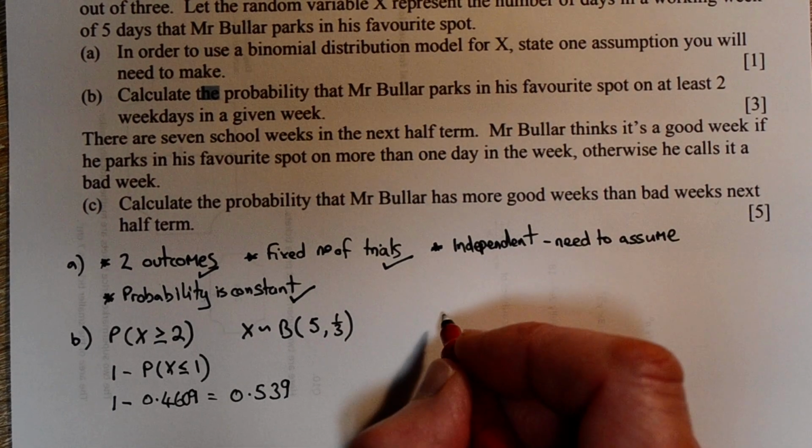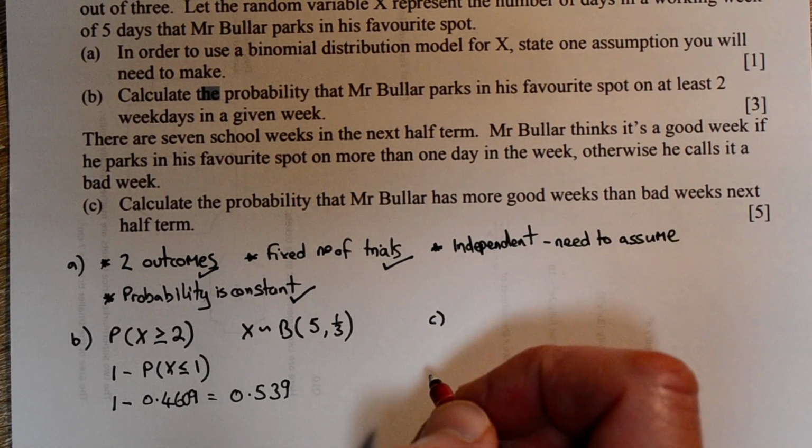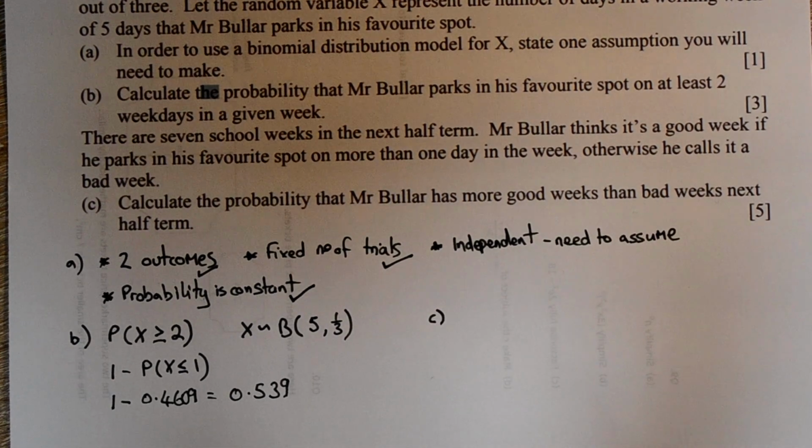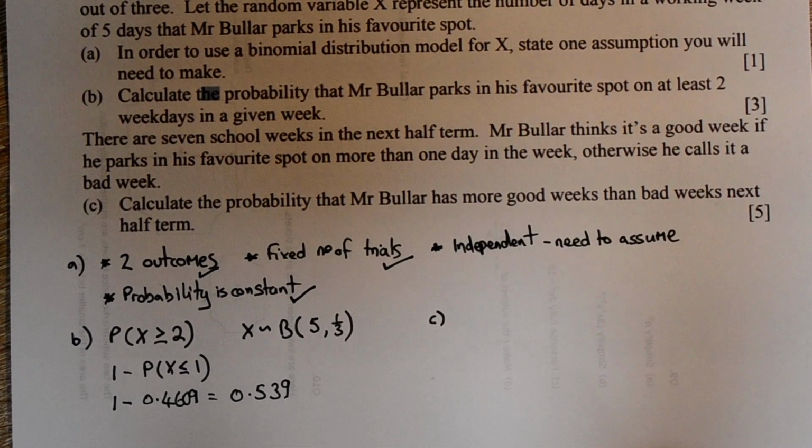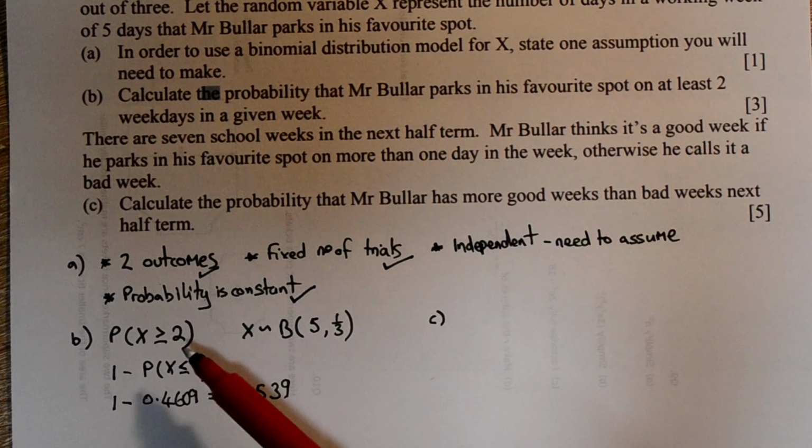Let's have a look at question C then. So it's a 7-week half term. It's a good week if he parks in his favourite spot more than 1 day in the week. So what we're talking about is 2 or more.